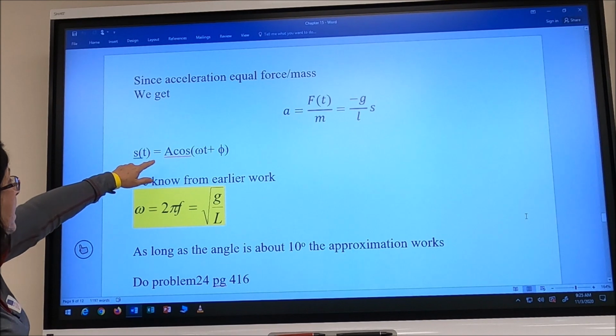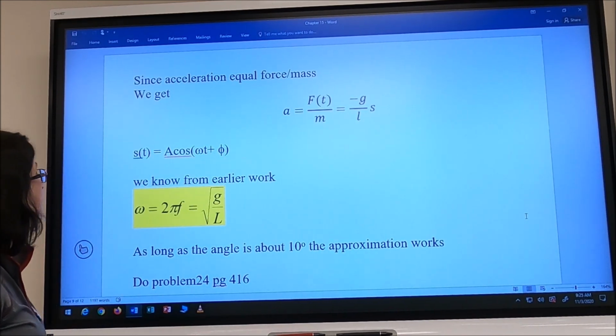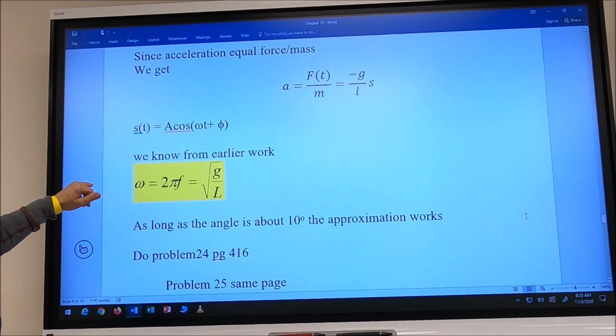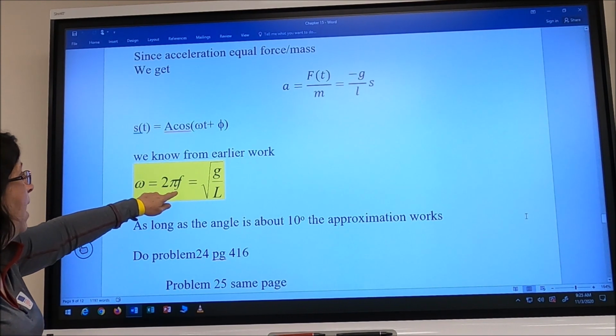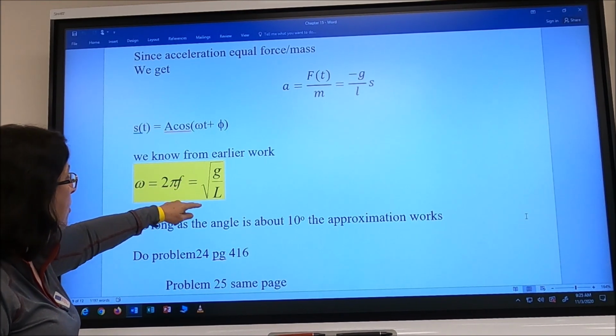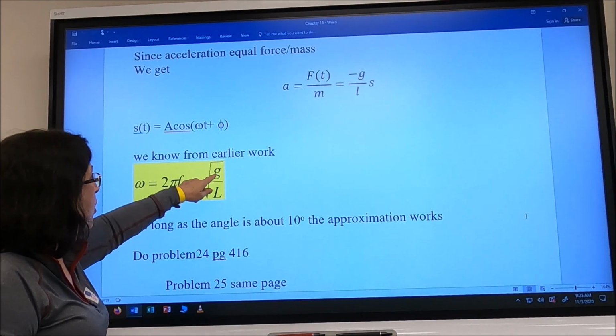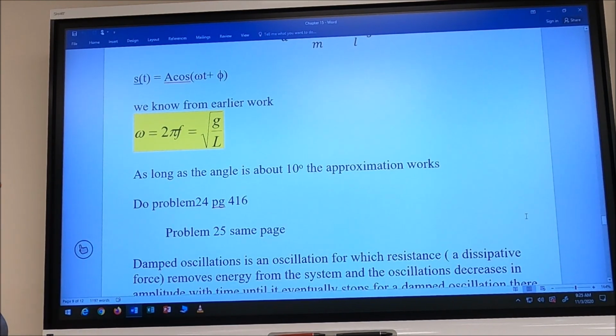S at time t is equal to A cosine omega t plus phi 0. Working through that, we can get omega is equal to 2 pi f, and it turns out for our pendulum, omega equals the square root of g over L, and I'm not going to do the math for you because you get bored with it.